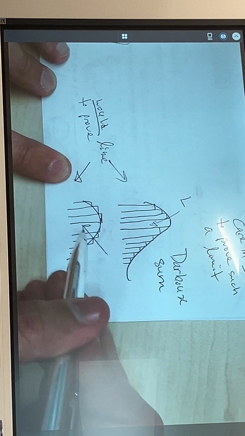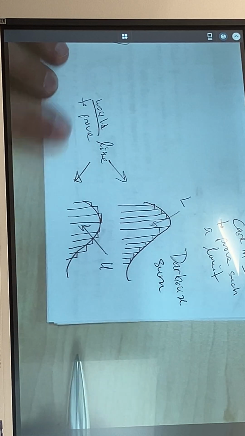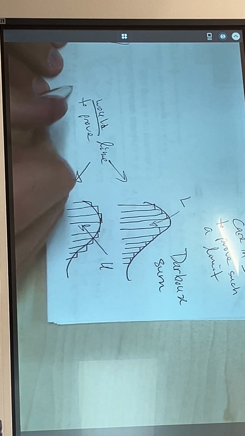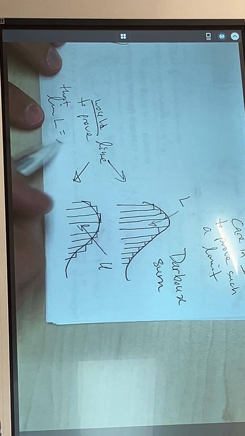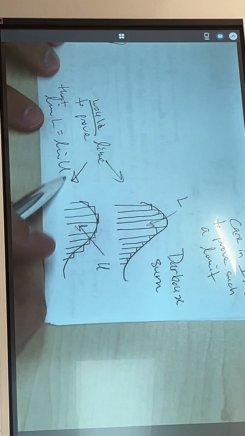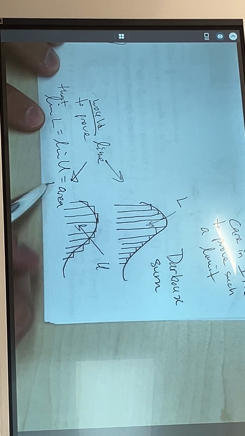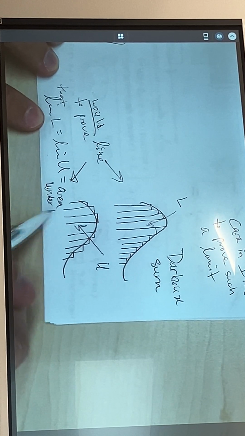I'm going to call this one U because it's the upper. We would like to prove that the limit for L is equal to the limit for U, and it's equal to the area under the curve.